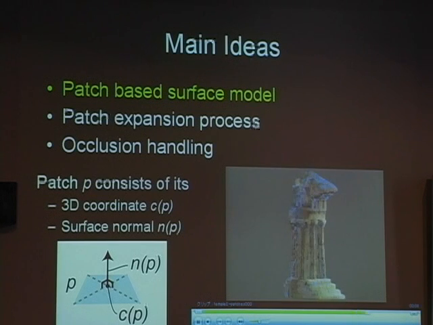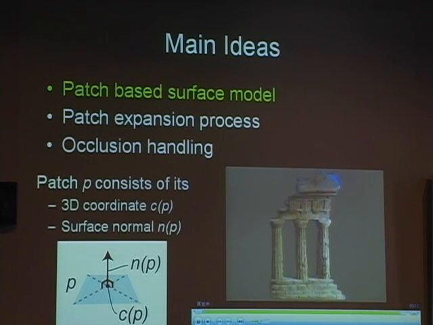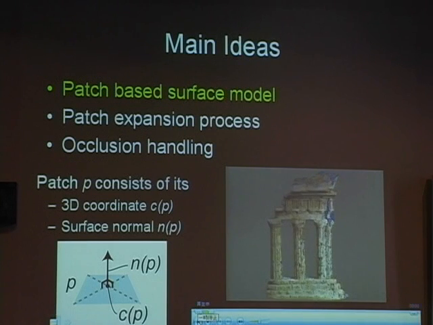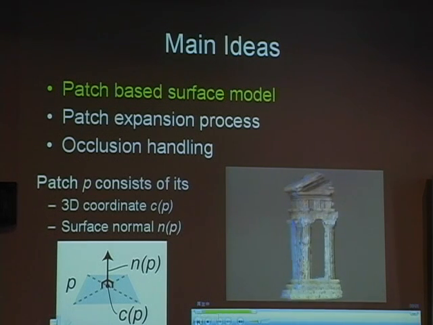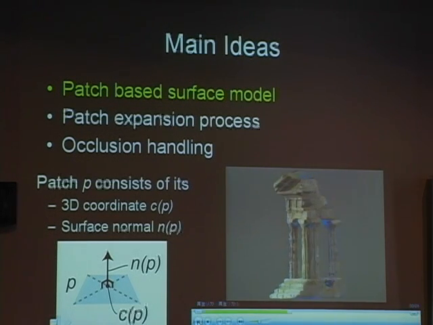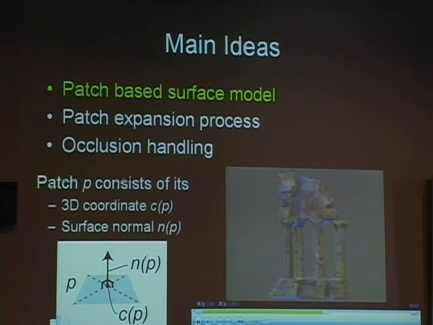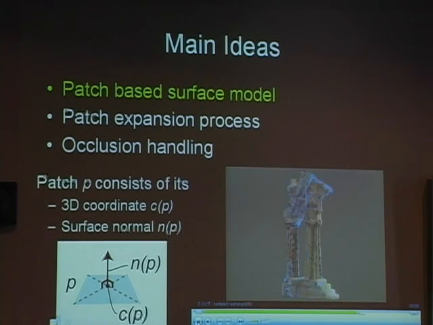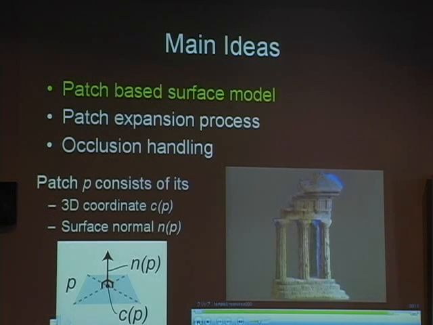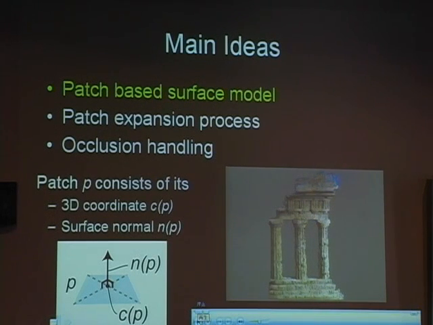But we use a set of smaller rectangle patches to represent the surface of an object. In this movie it is actually pretty hard to see, but this is just our texture-mapped smaller planar patches densely covering the surface of an object. So we use a set of these rectangle patches to represent the surface of an object. And we use this representation for various reasons, which I'm going to refer to later.